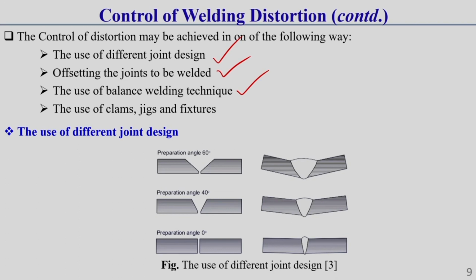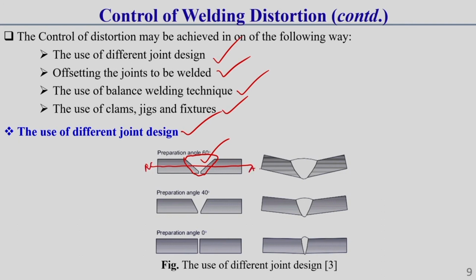Now first of all, here you see the use of different joint designs. Here you can see, if we make the weld V groove at a wider angle, then the volume of material required is more. As well as, about this neutral axis, the top side volume of material and bottom side volume of material will vary significantly.